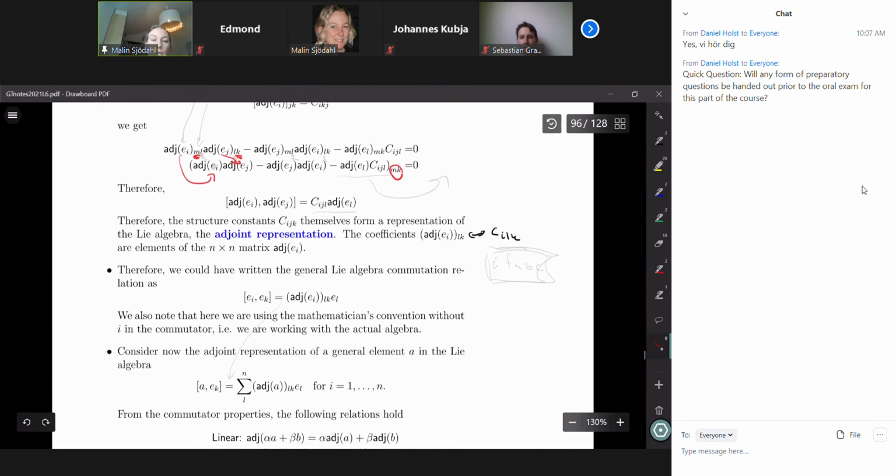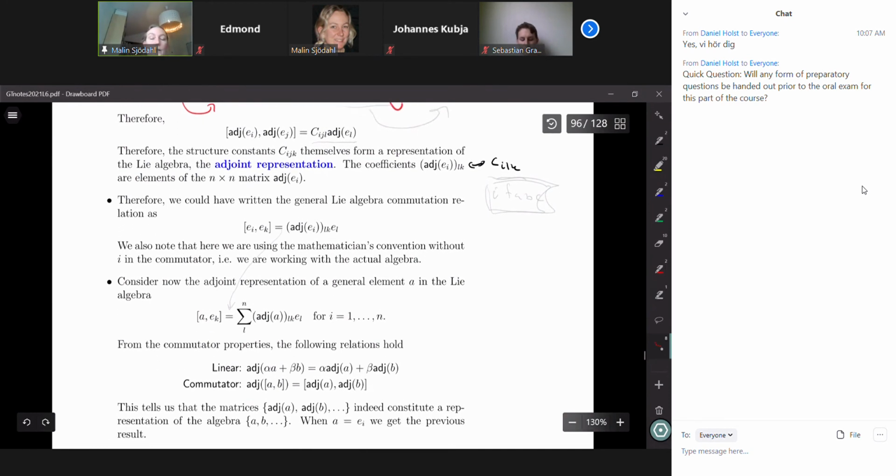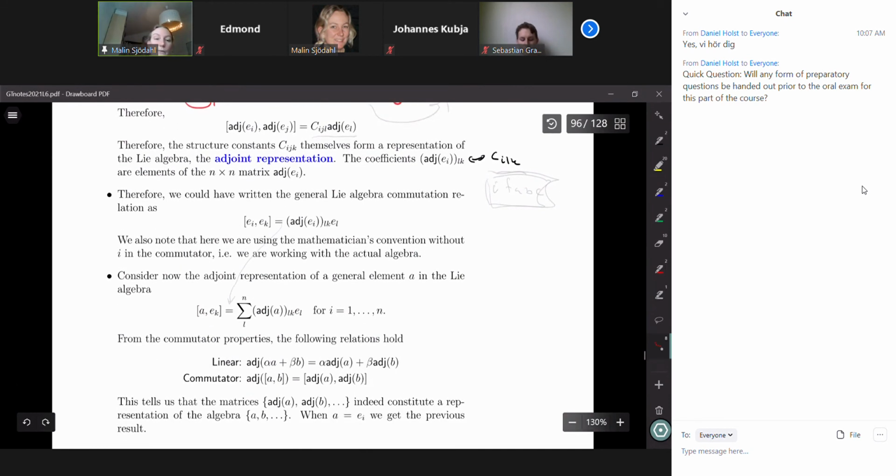And we can similarly represent a general element A in this way. And for the commutator, the following properties hold. So the commutator is linear. So we can break out an alpha.